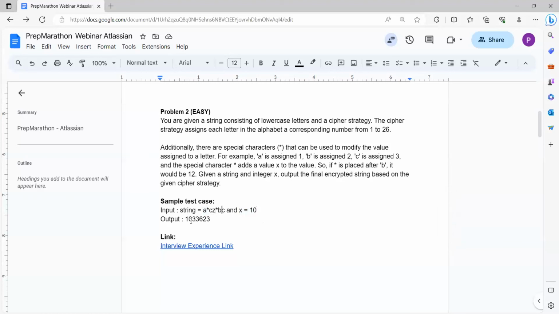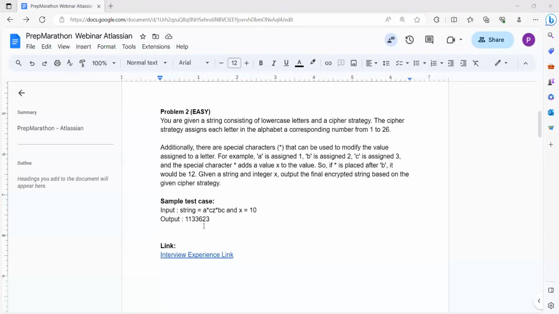B is 2, C is 3. So here what I think, it should be 11 now because we are starting by taking a as 1. Yeah, it would be 11. Good. I intentionally put that, because I want to see how many of you are paying attention. Okay, just one guy, Varun, told me that.